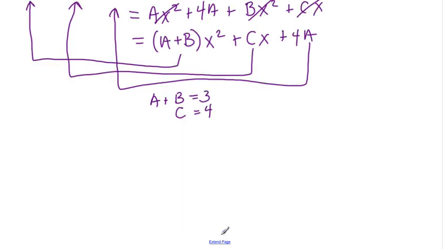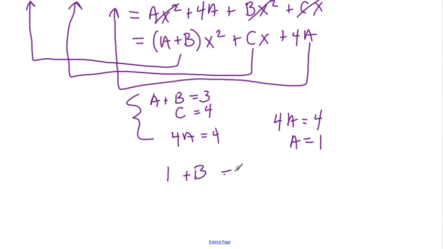And 4A is equal to 4. Nice system of equations, nice and easy one to solve. So I know that 4A is equal to 4, therefore A must be equal to 1. I can substitute into my top equation and get 1 plus B is equal to 3, so therefore B must be equal to 2. And finally, I know already that C is equal to 4.